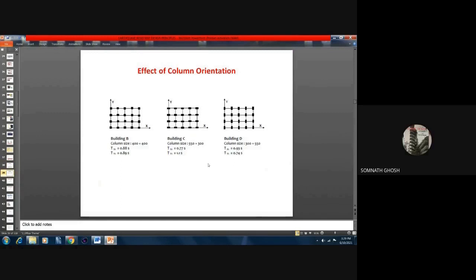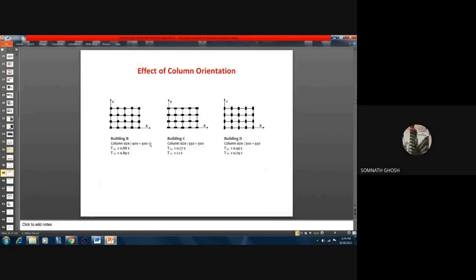This is another thing that is very important. Suppose you have designed by orienting the columns like this, longer side this way and shorter side along the y-axis, more or less square suppose. And somebody is making it more rectangular.